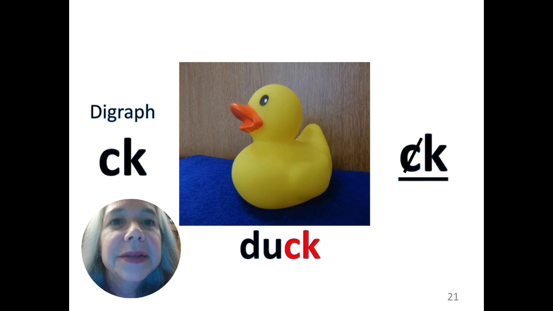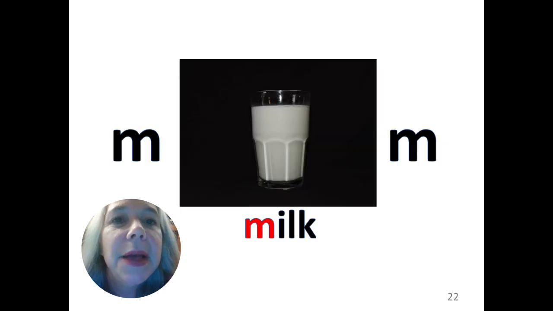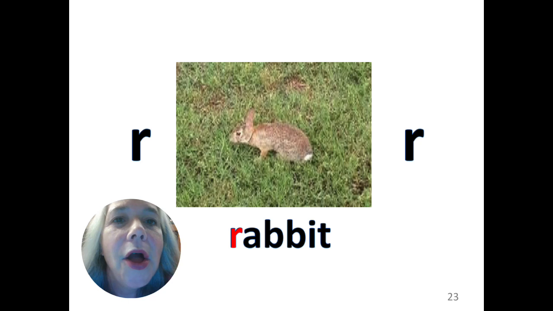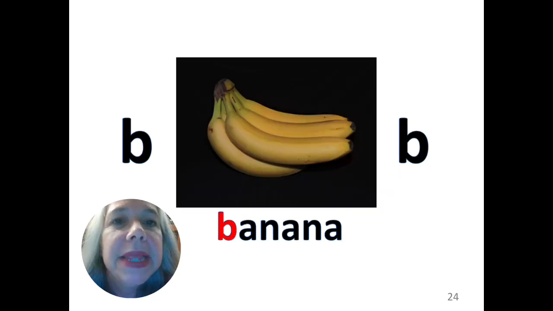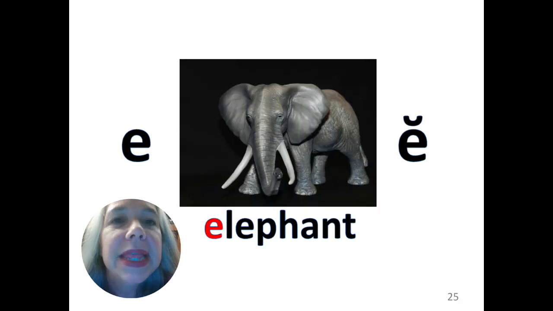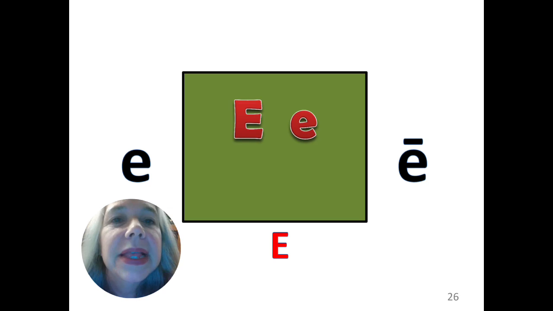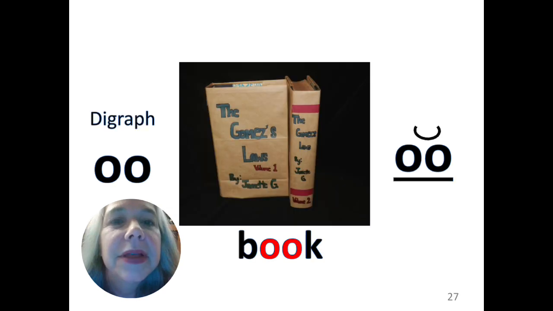Duck, K. M, milk, M. R, rabbit, R. B, banana, B. E, elephant, E. Digraph OO.